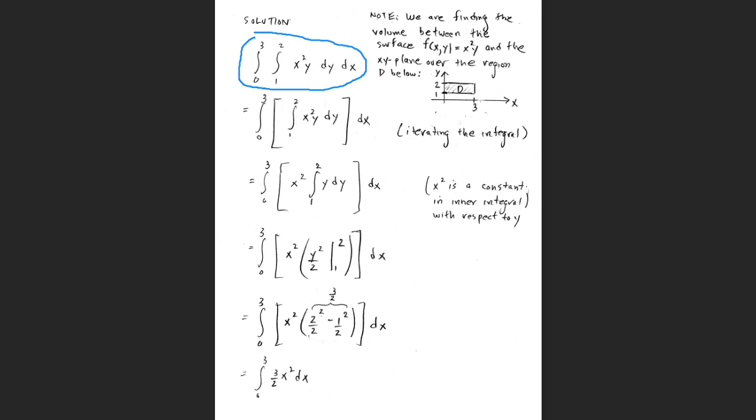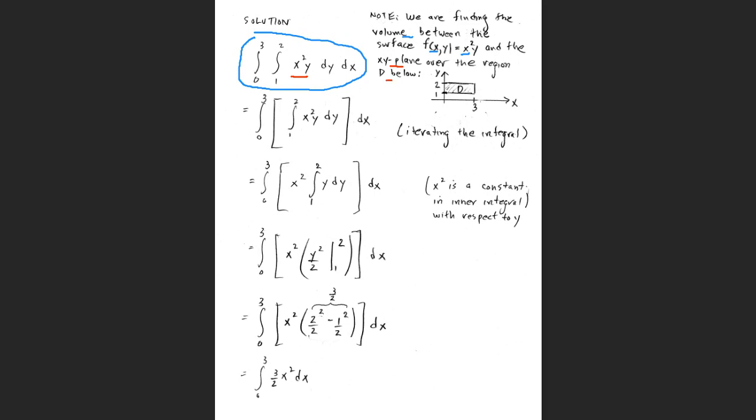So this double integral, we interpret as finding the volume between the surface, f of x, y equals x squared y, that's your integrand here, and the xy plane, over the region D.